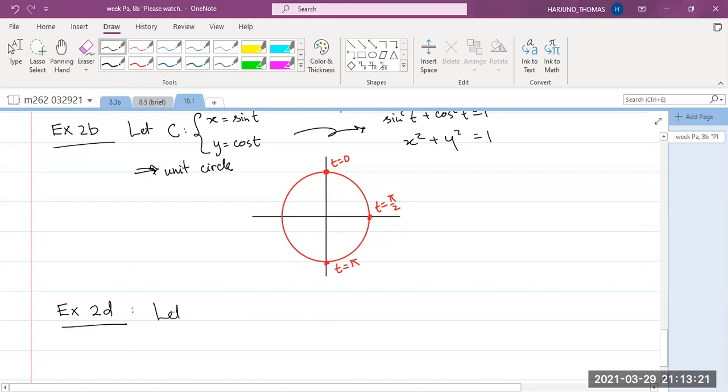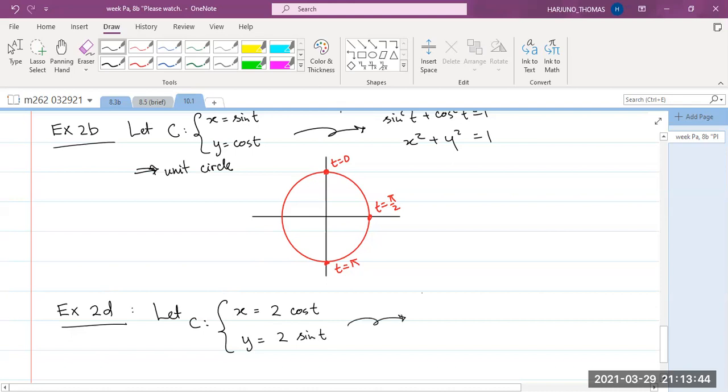Imagine if I multiply the x component by, let's say, 2 cosine t. So originally cosine t and sine t for x and y, but I multiply by 2. Now what will that be?